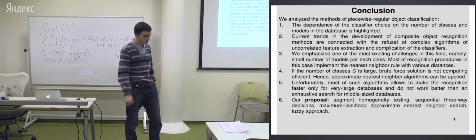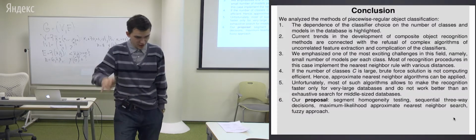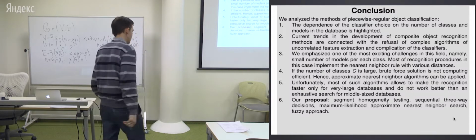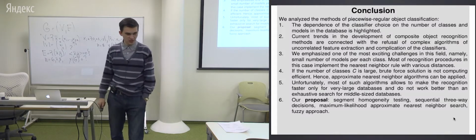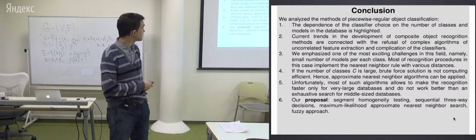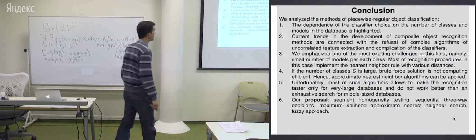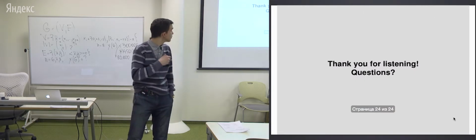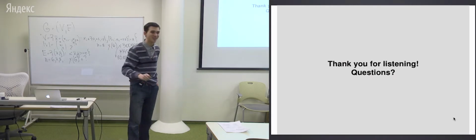We proposed several segment homogeneity approaches, quite connected to maximum likelihood and Bayesian statistics. We succeeded in synthesizing several interesting methods and showed that they are suitable for practical application. Thank you for listening, and I expect questions, but I believe we have lunch.